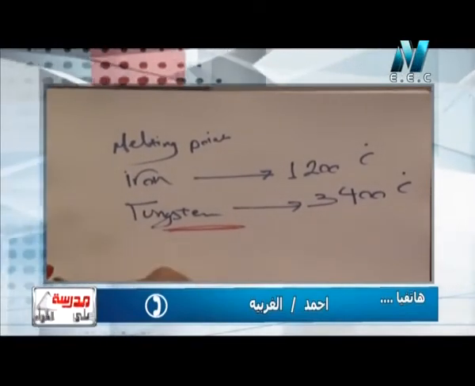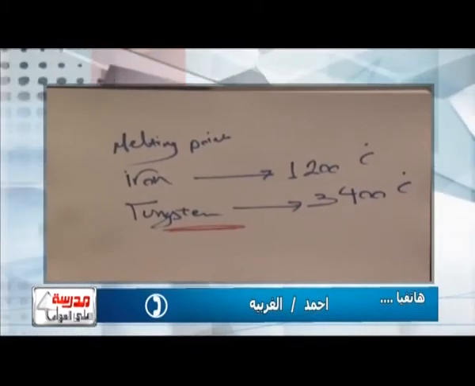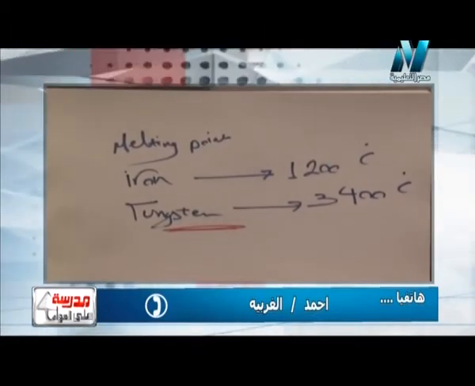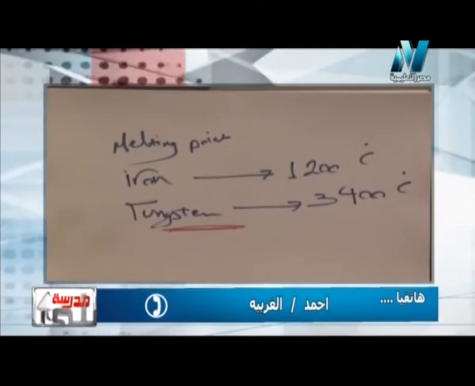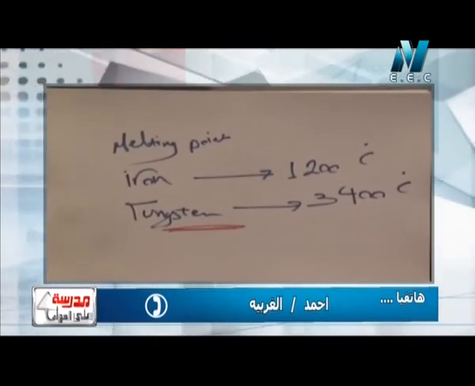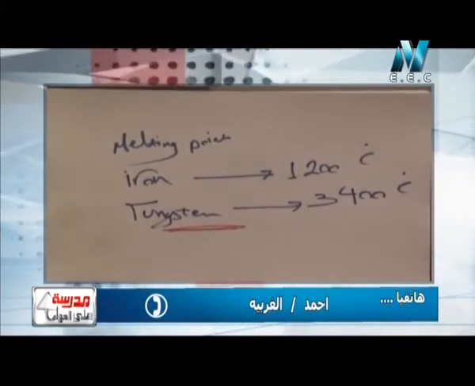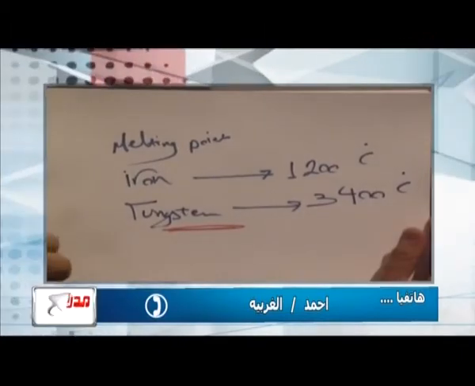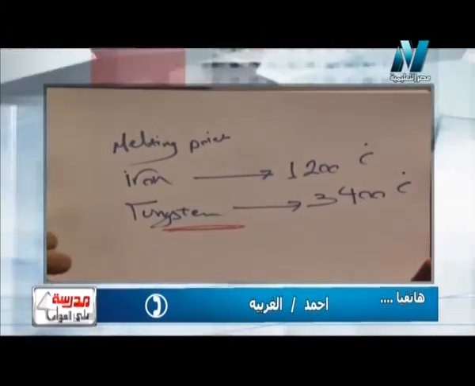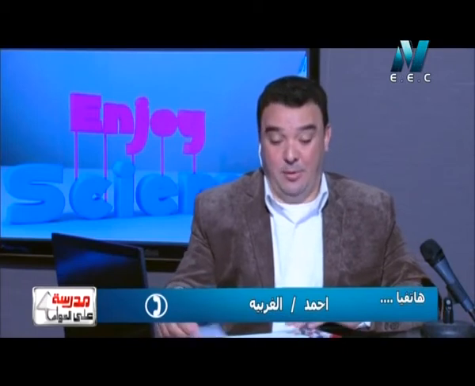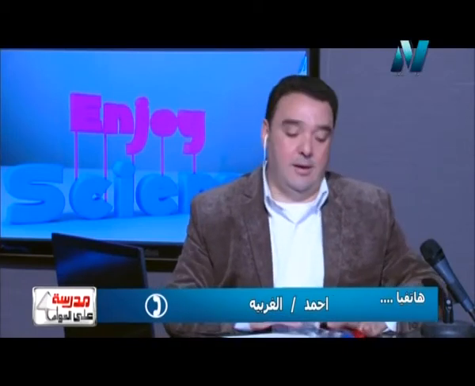So what about if we replace it with iron? The filament will burn. الحديد مش هيستحمل يا احمد. Okay, Ahmed, these numbers are not in our curriculum, but to understand what it means that tungsten has a high melting point, this is extra information.